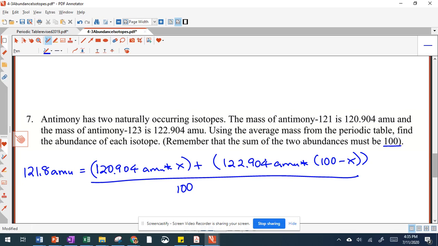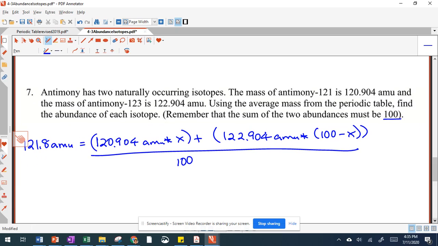Then we want to get the like terms together. So we want to get X by itself. We're going to multiply each side by 100 first.